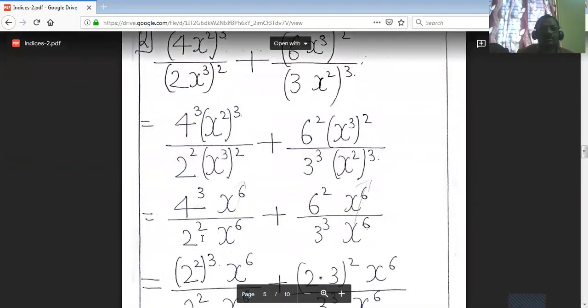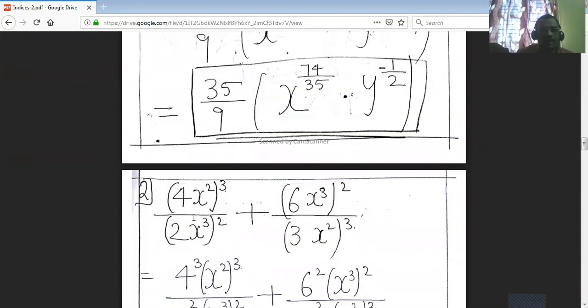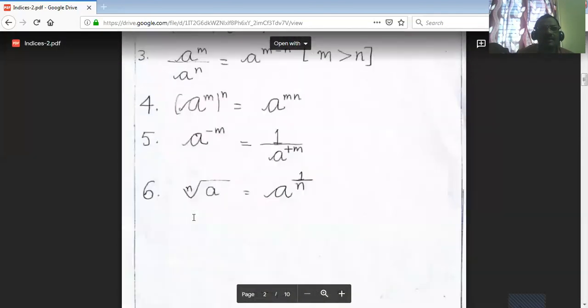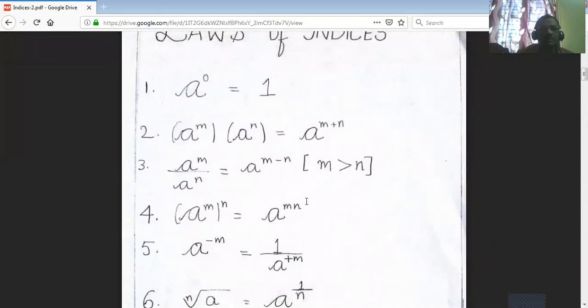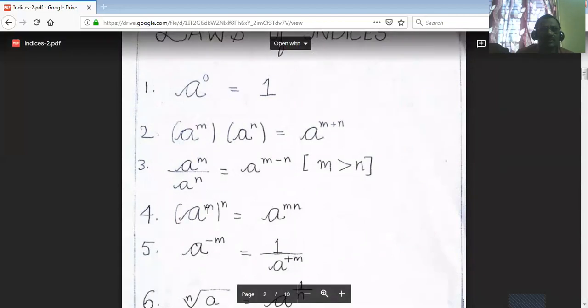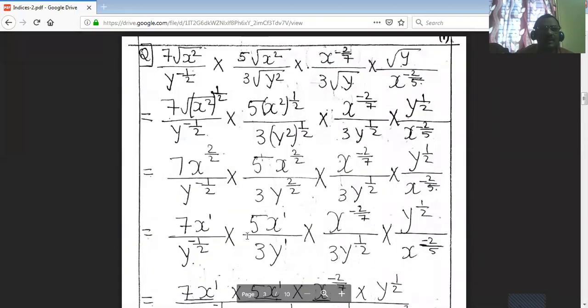Now this is 2^2 and x^6. This is the law I'm speaking about: (a^m)^n is equal to a^(mn). (x^3)^2 is equal to x^(3×2). That's what I have applied here.